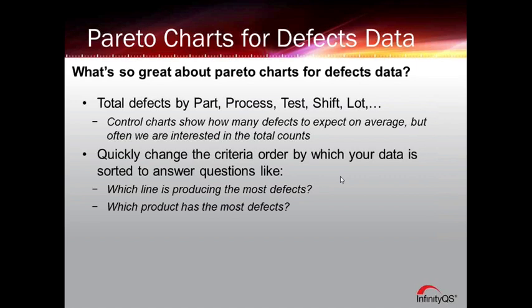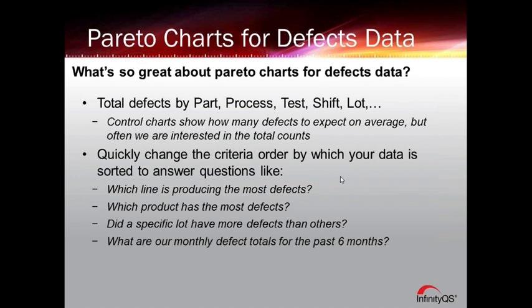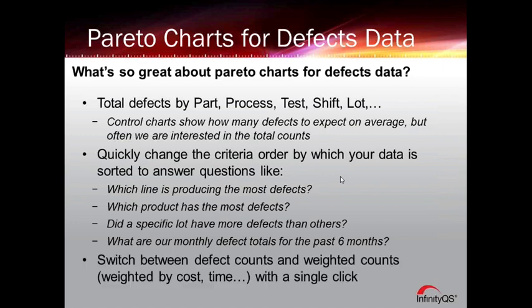Which product has the most defects? Did a specific lot have more defects than others? Maybe I need to partition that lot off and make sure that I don't send it out before I have a further look at things. Or what are our monthly defect totals for the past 6 months? All of these things are easily accessible through a Pareto chart.